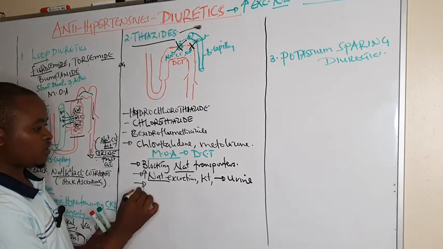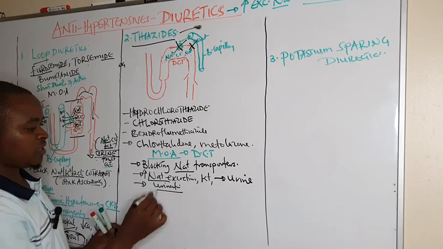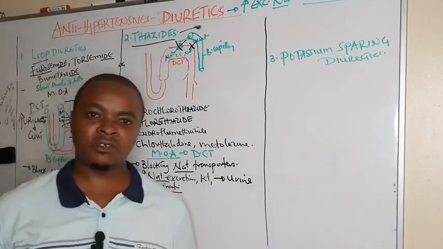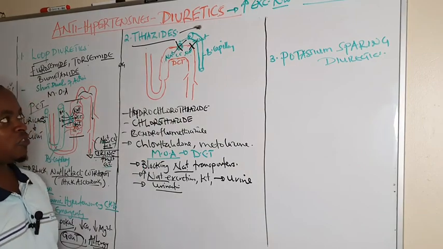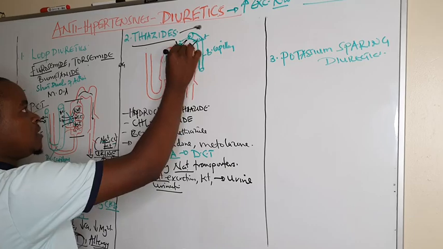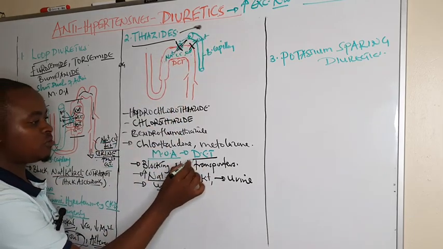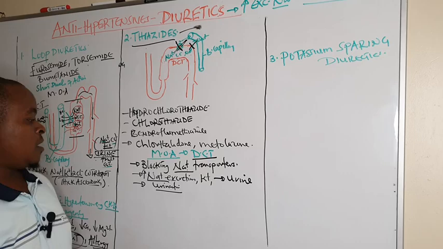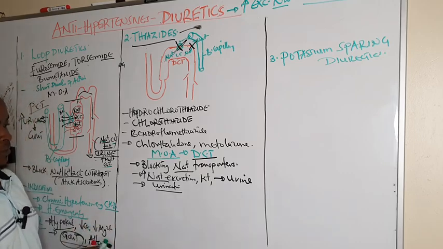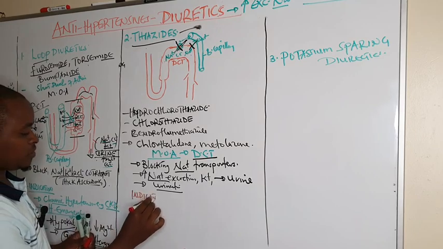So this increases urination, with a lot of natriuresis, whereby the urine contains much of the sodium. So that is the mechanism of action, by inhibiting reabsorption of sodium in the distal convoluted tubule of the kidney nephron. And their indication, or therapeutic use.